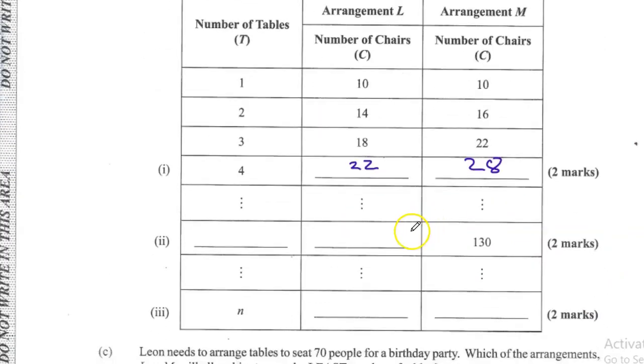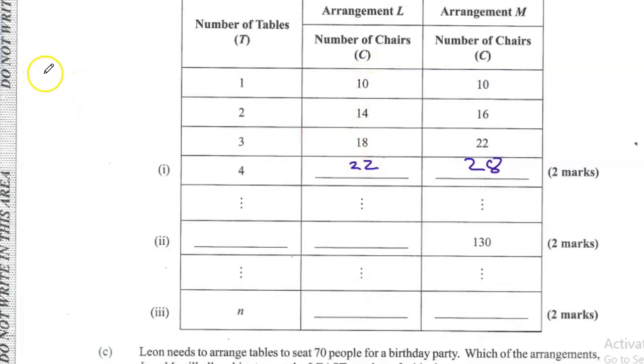So we're asked what would be the number of tables that would give us 130 chairs for each arrangement. Alright, so the wise thing to do here would be to try and get the pattern. Notice, let's deal with arrangement L. Notice in arrangement L, the number of chairs are going up by 4.